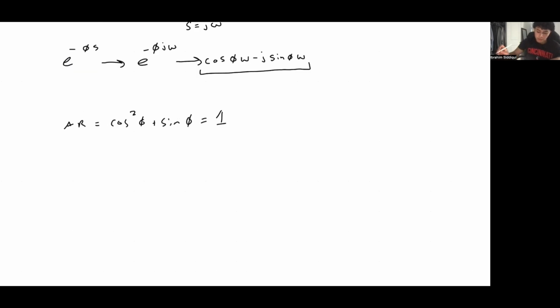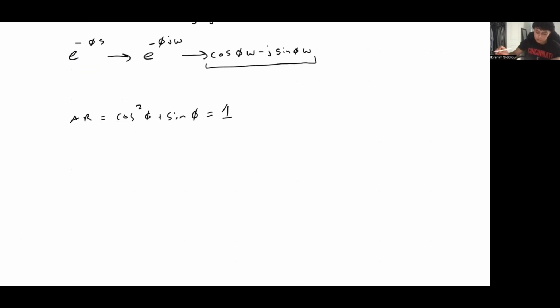From this, we can look at our phase lag. Looking at our time delay phi coefficient, we will have the inverse of tan of negative sine phi omega over cosine phi omega.